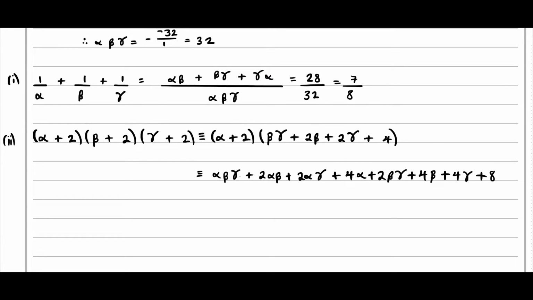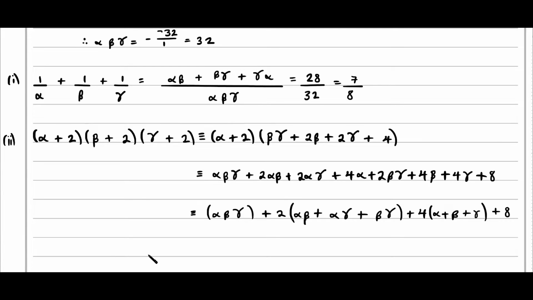So if we simplify all this, we have alpha beta gamma, and then we have 2 lots of alpha beta plus alpha gamma plus beta gamma. Then we have 4 lots of alpha plus beta plus gamma. Then we have plus 8.